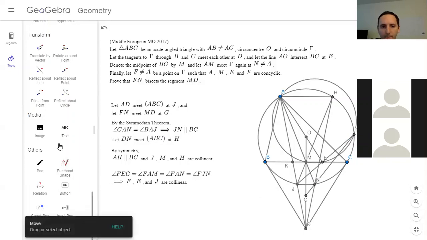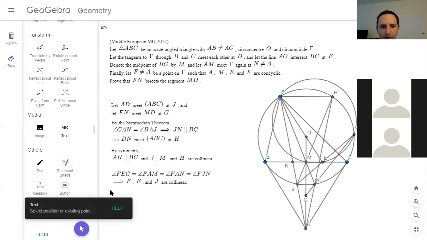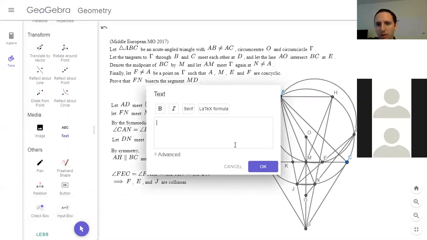So projecting through N onto the circle ABC, we have DMG infinity, and I'll say DM infinity.